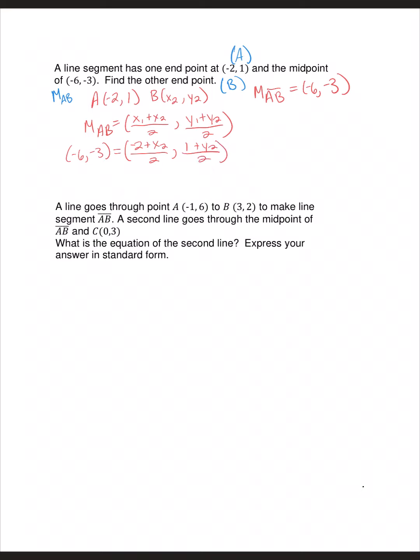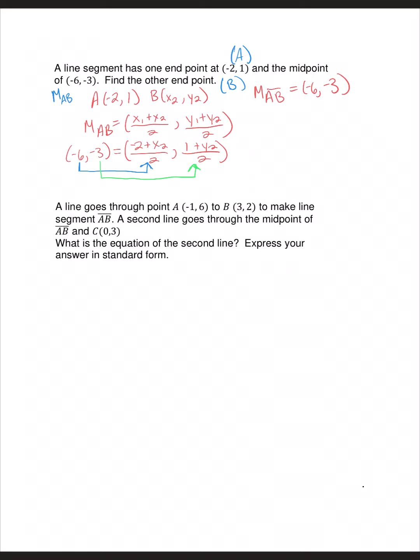Knowing this, we can break this up into the pieces that go together. We know this -6 is what this part of my midpoint formula calculates out to, and this -3 is equal to this part of my midpoint formula. So I'm going to separate those two out and solve for the unknown variables.